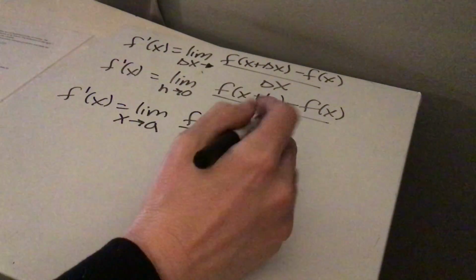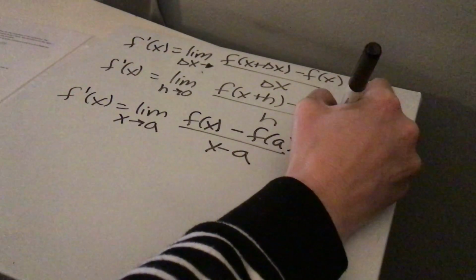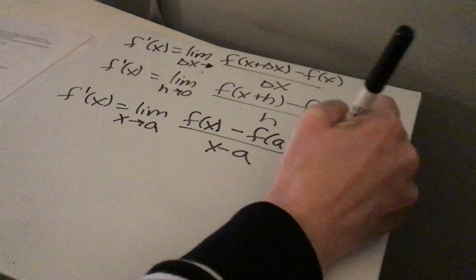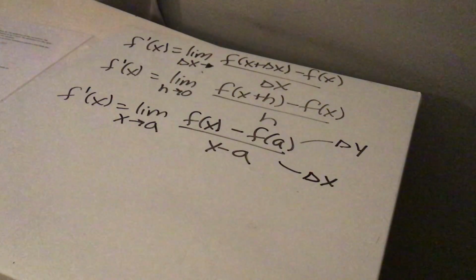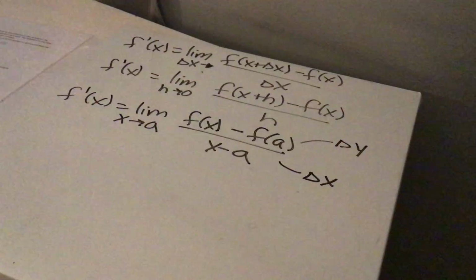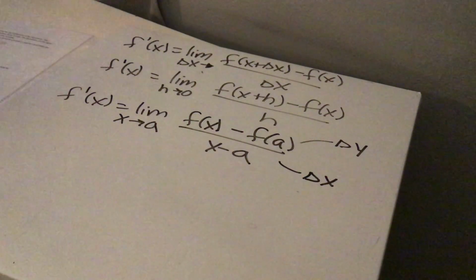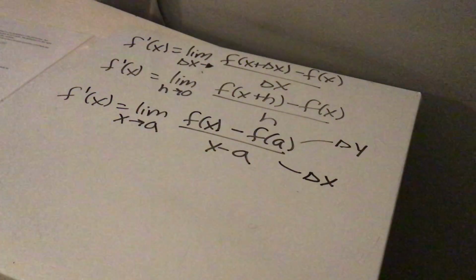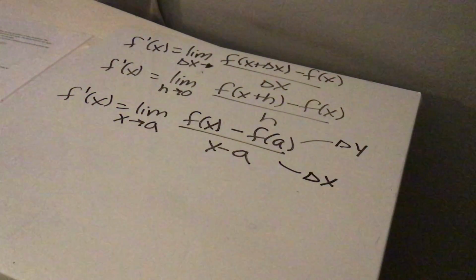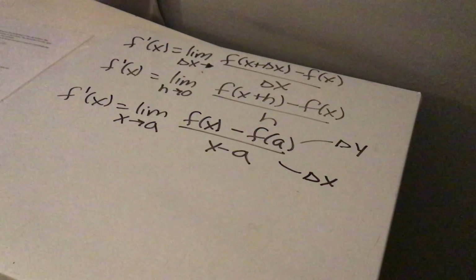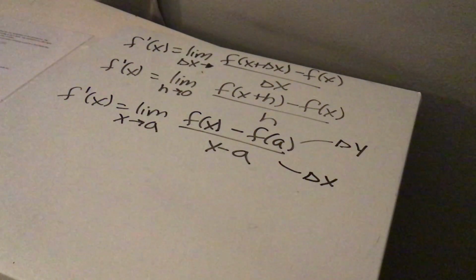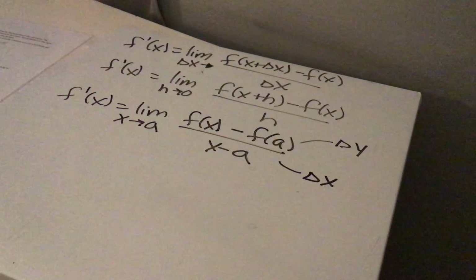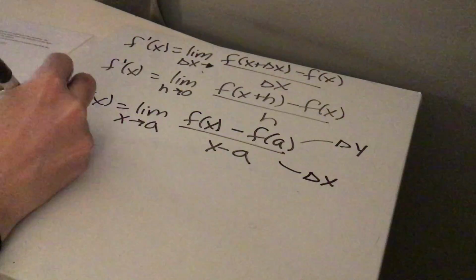This f of x minus f of a is just the change in your y values, and this is the change in your x values. So it's just a different way to express the same statement. Rise over run: the derivative is the slope of your equation. One other form of a derivative that's worth noting is something called symmetric form.